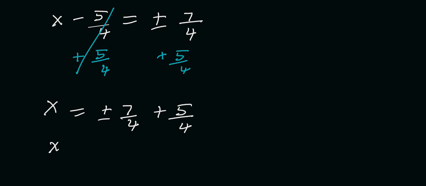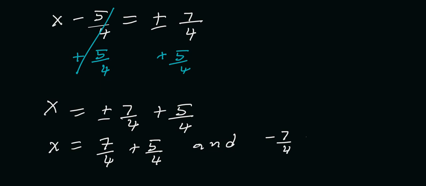So x will become equal plus 7 over 4 plus 5 over 4, and the negative side is also negative 7 over 4 plus 5 over 4. So now we have a common denominator of 4, so all we just have to do is to add up the numerator, and that will be 12 over 4.